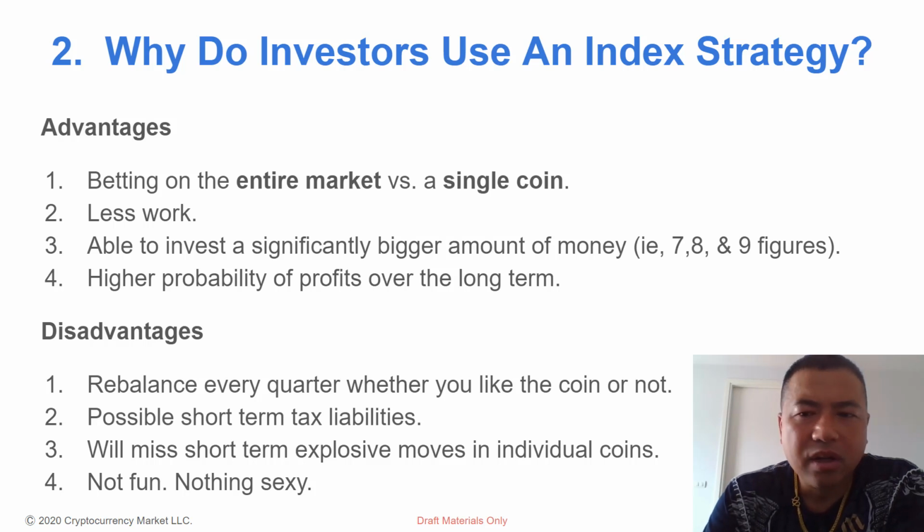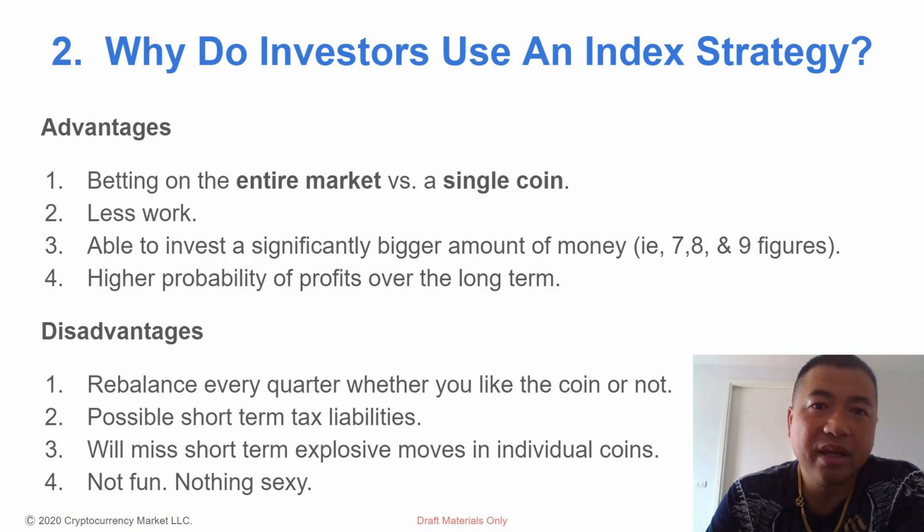If you trade a single coin, it's extremely difficult to move a large amount of money in and out of the coin, with the exception of maybe Bitcoin and Ethereum. Most coins you cannot move 7, 8, 9 figures in and out of, but you can move 7, 8, 9 figures into the entire crypto market and move it back out when you take profits.